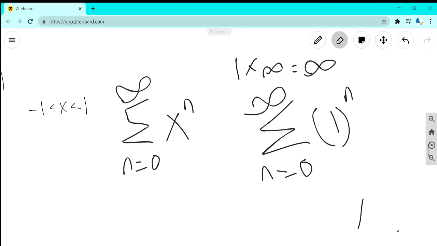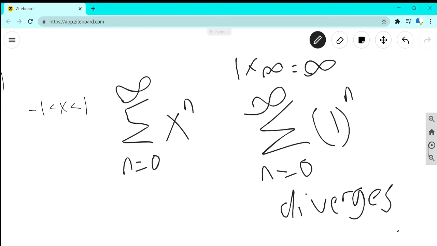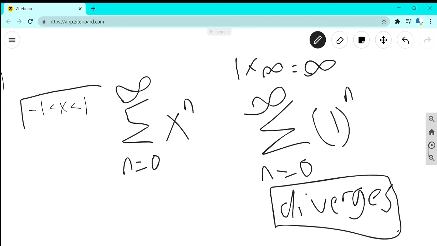I don't know if that's exactly proven, but you get what I mean. A lot of it is intuition; you can't really use all the convergence tests. So this one also diverges, because infinite means diverges, and it is not included in the interval. So that is also our IOC.